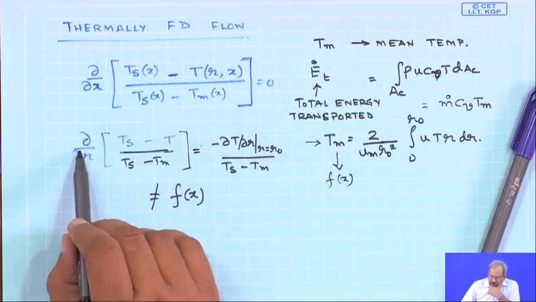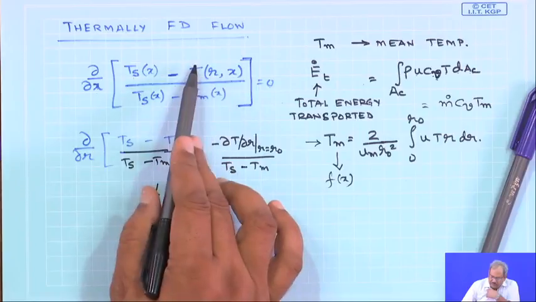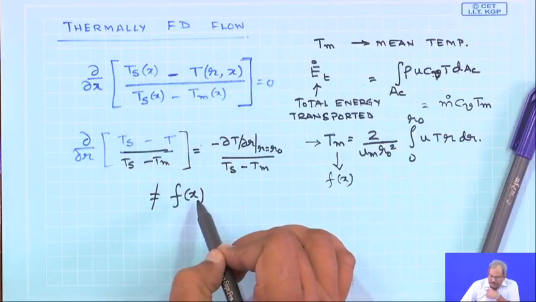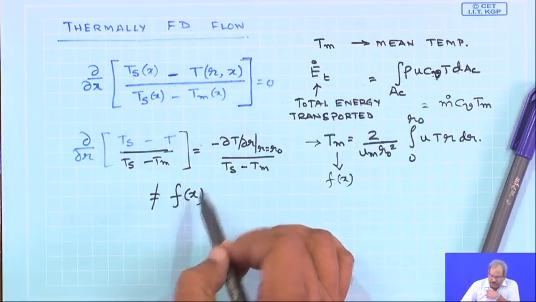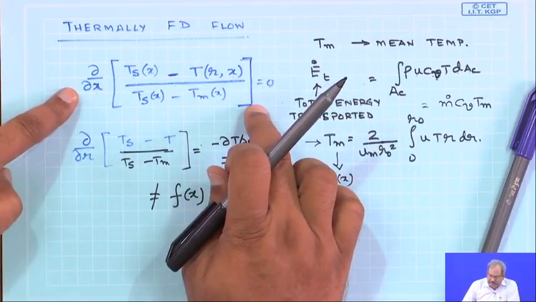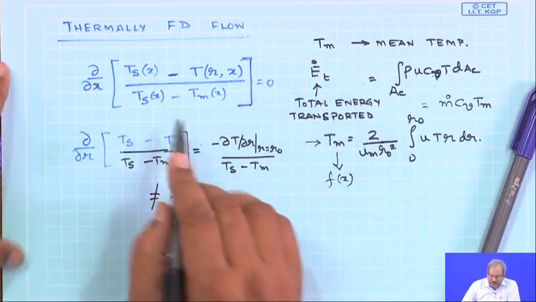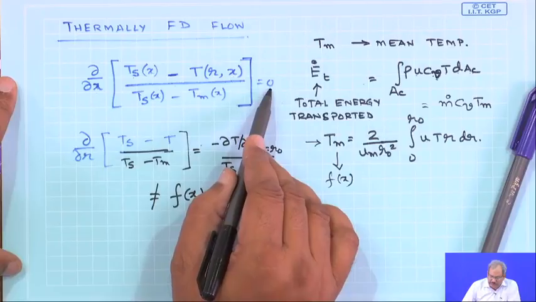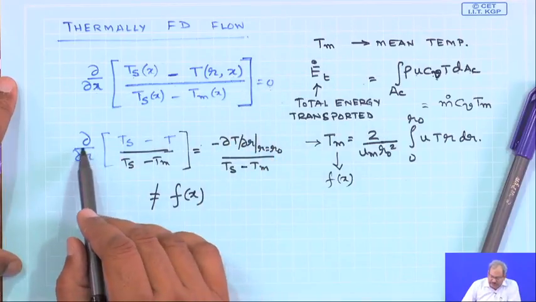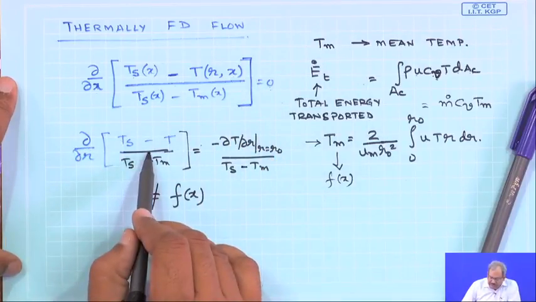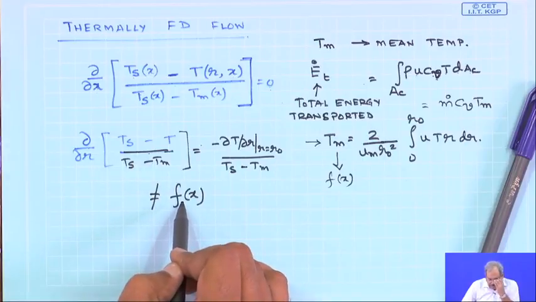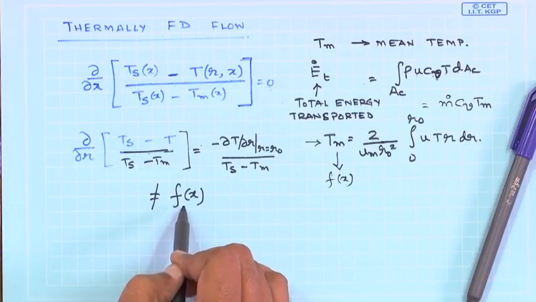So, therefore, the r derivative of the same ratio cannot be a function of x as well. Since the temperature ratio is independent of x, if I take the r derivative of the temperature ratio, that will also not be a function of x.